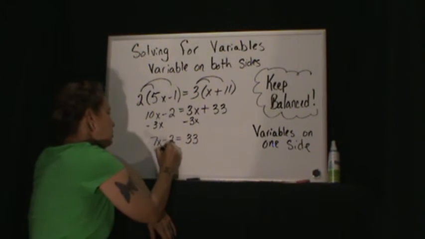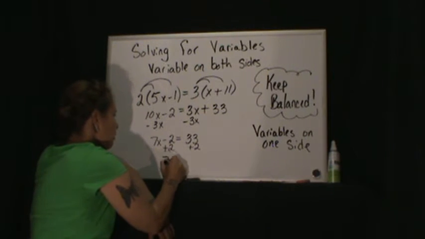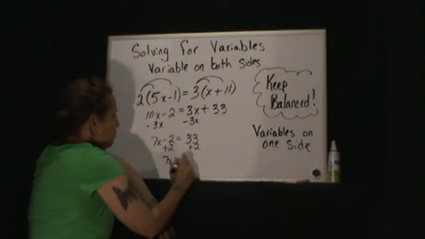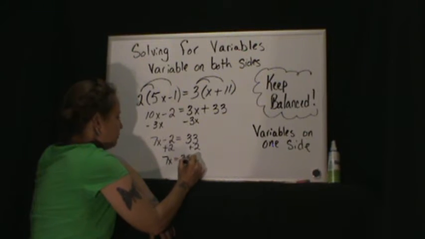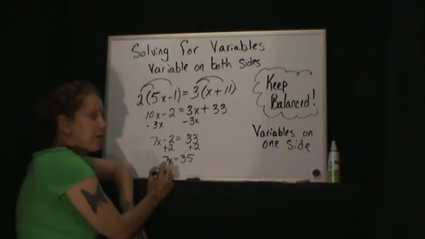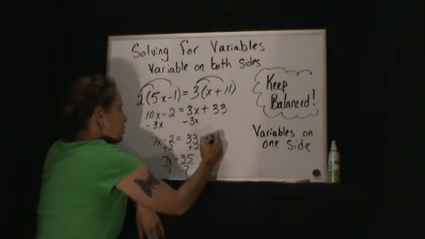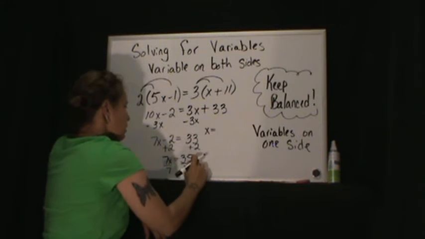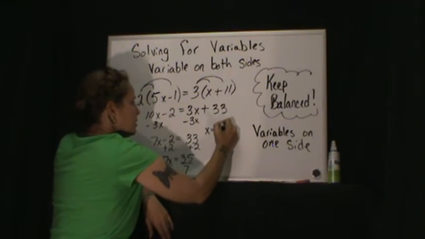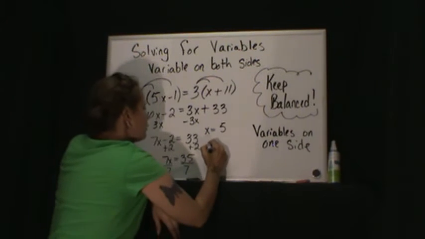So I'm going to add 2 to both sides. 33 plus 2 is 35. And now I can get rid of my 7. It's multiplying, so I'm going to divide both sides by 7. 35 divided by 7 is 5. And we can plug this in and make sure it works.